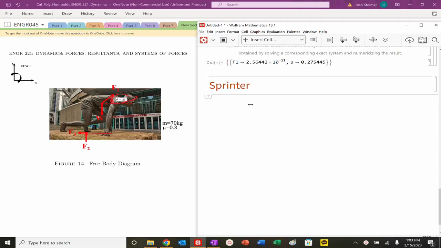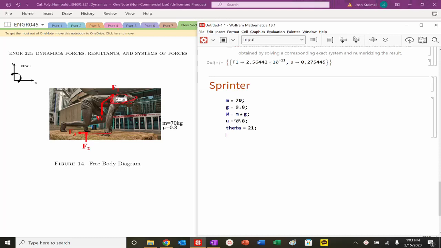My sprinter is going to be, the mass is going to be equal to 70 kilograms. Gravity is equal to 9.8. Weight is going to be equal to, actually we can see right there, weight is equal to mass times gravity. What else do we know? We know the coefficient of friction is equal to 0.8. We know that my theta is equal to 21.